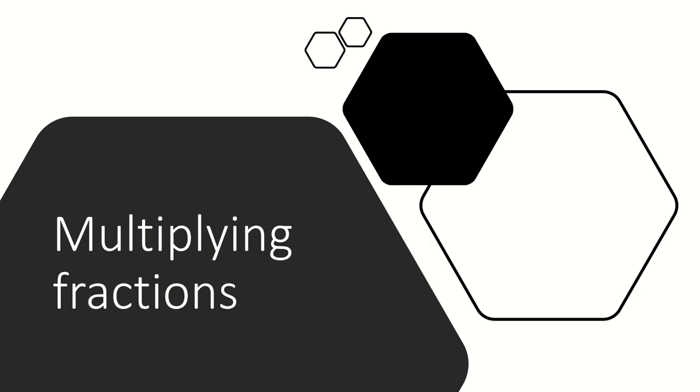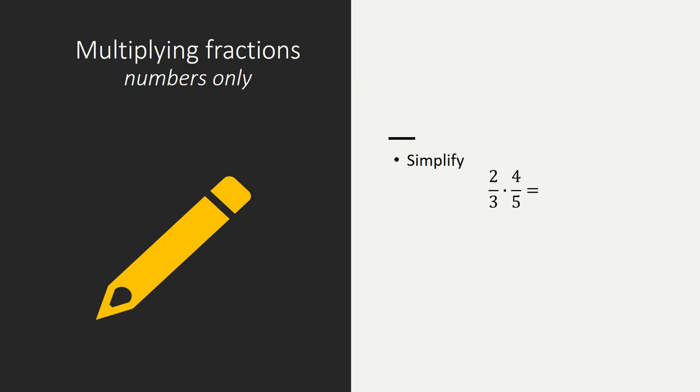Alright, then we're going to look at multiplying fractions. So please write down in your notebooks multiplying fractions. First, we're going to look at multiplying fractions with numbers only. So I'm going to simplify 2/3 times 4/5.